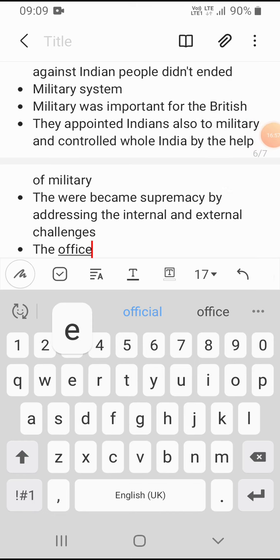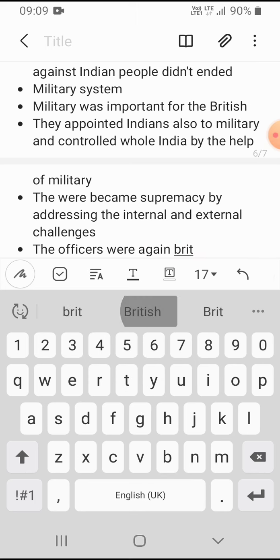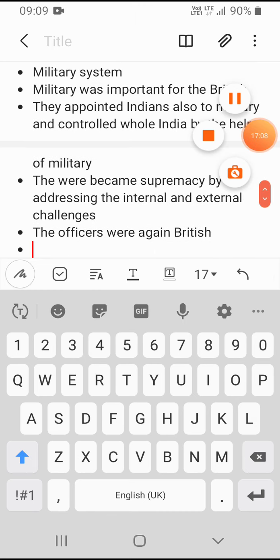The officers were again the British. So the officers were only British, and there were some soldiers who were Indian people.